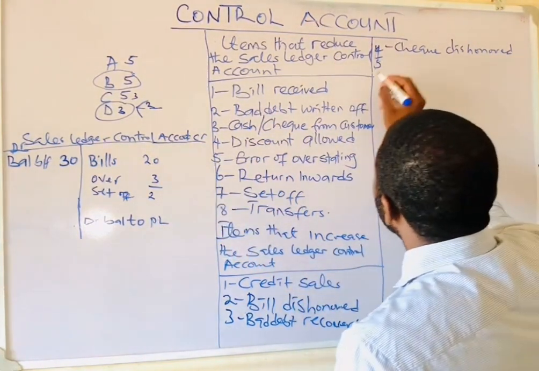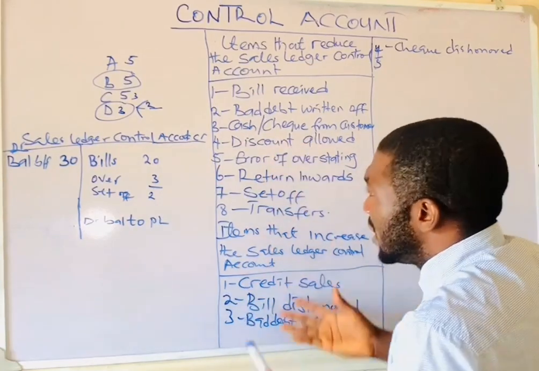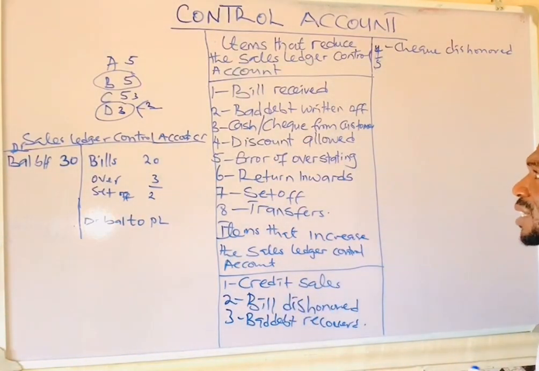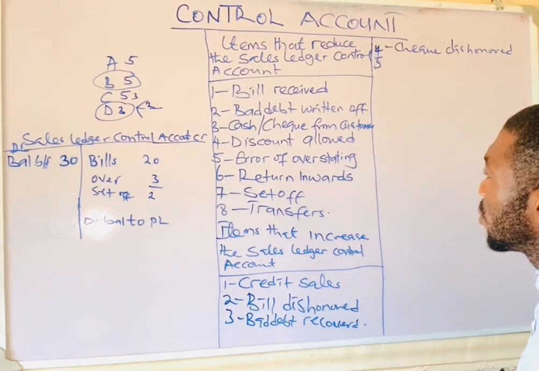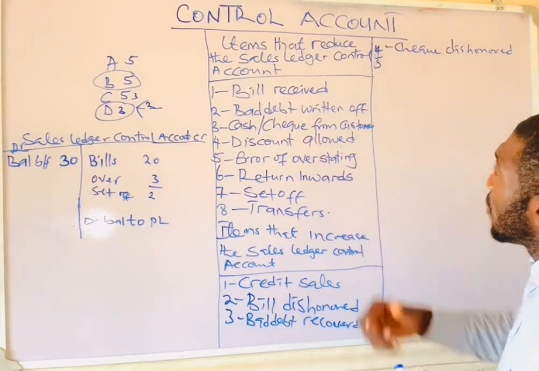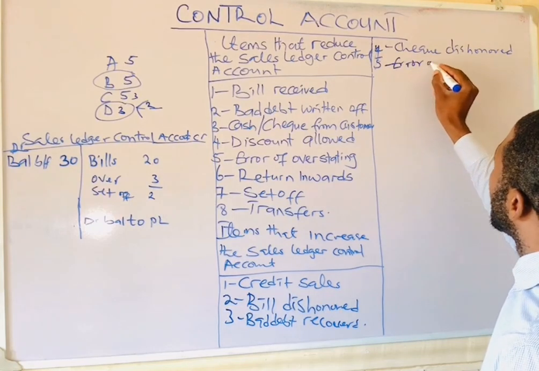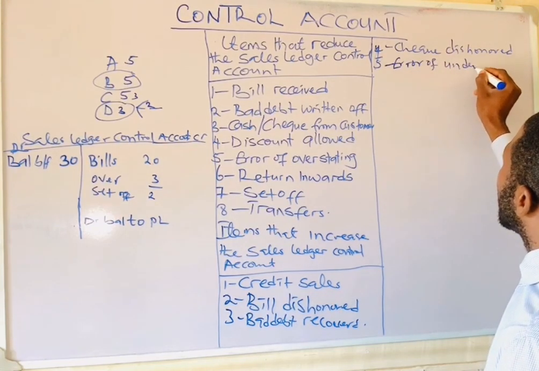Here will be error, that is discount allowed. If you wish, you disallow the discount. Discount disallowed. But it's not common in most of our questions, so we'll move to the next item. Error of overstating. Here will be error of understating.